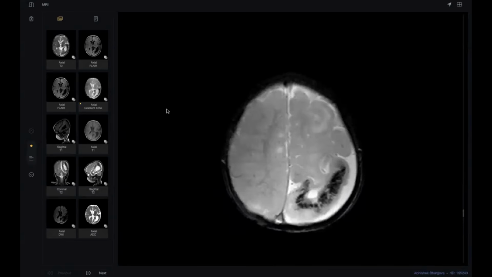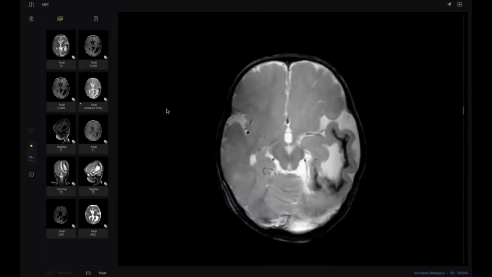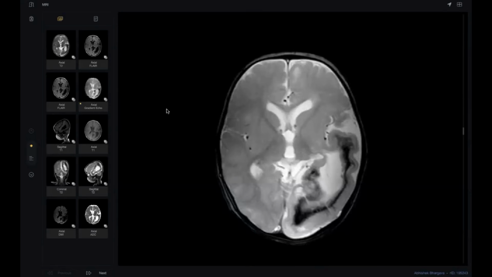These are the GRE sequences where these T2 hypointense signals are giving blooming artifact representing subcortical calcification. So this area likely represents lobar atrophic changes with pachygyria, calcification and encephalomalacia, and ex vacuo dilatation of the occipital horn of the left lateral ventricle.